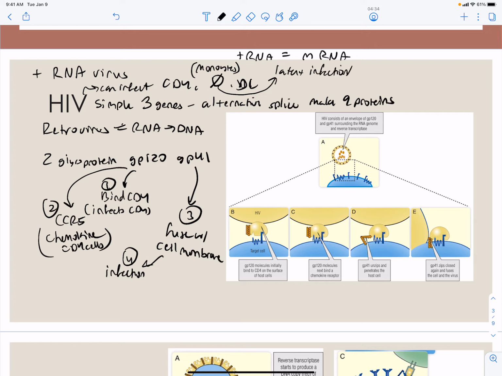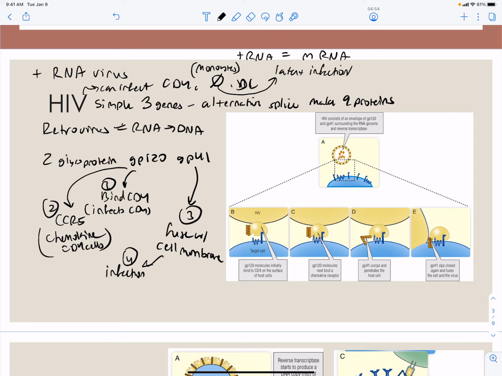Now, this does not mean necessarily it's a latent virus, so I want to make this very clear. HIV replicates. It's going to replicate inside of cells. However, it can hang out and hide inside of other cells. So one of the problems with HIV is that you have to eliminate every cell that's infected.